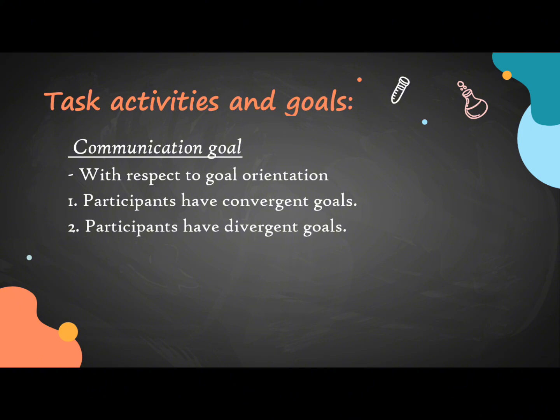Lastly, we have the communication goal with respect to goal orientation. So we only have two. First is participants have convergent goals. Lastly is the participants must have divergent goals.